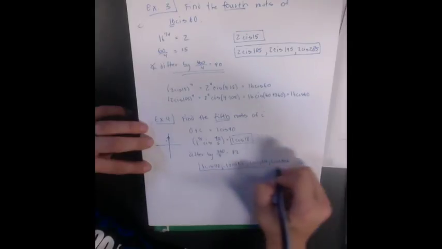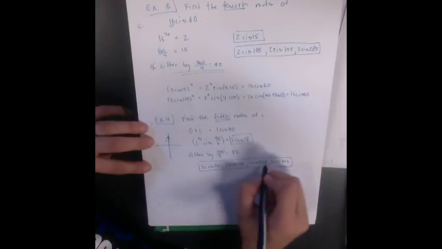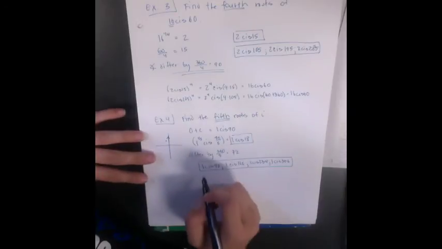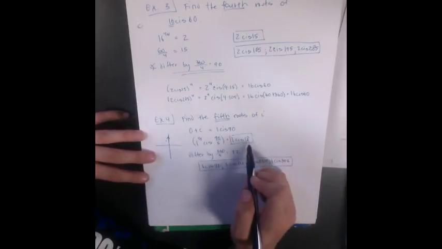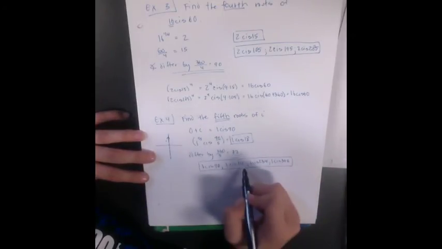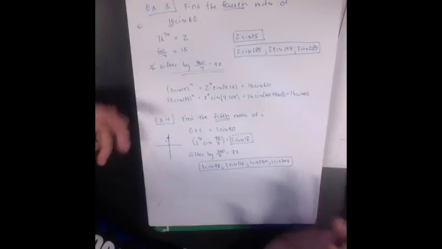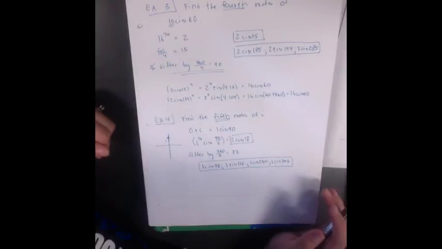Remember, I should have 5 answers, 1, 2, 3, 4, 5. And we need to make sure that we check the angles. We can check it by doing 5 times 18, 5 times 90, 5 times 162, 5 times 234, 5 times 306, and making sure that they all add up.